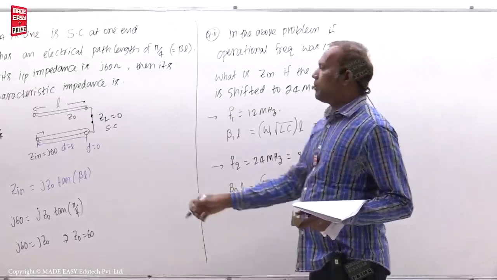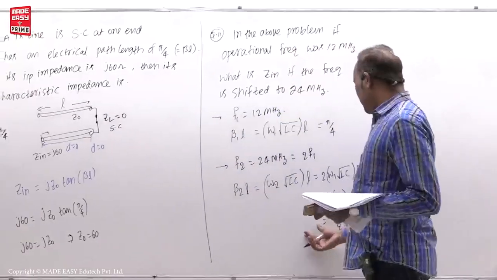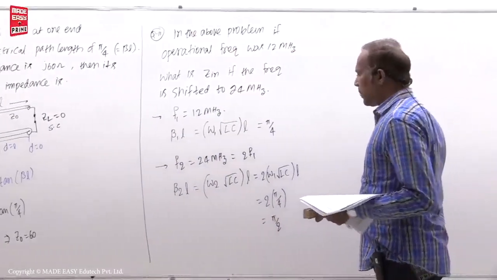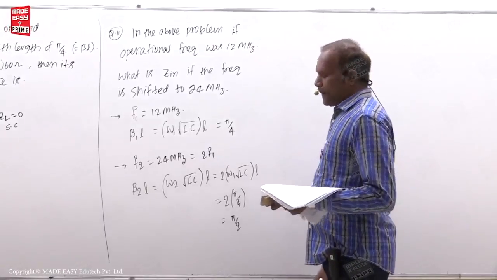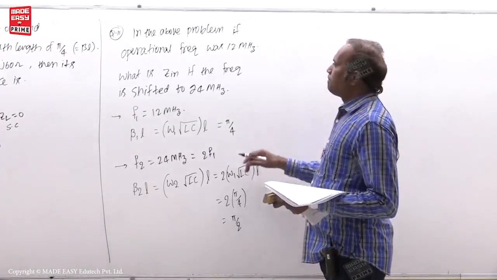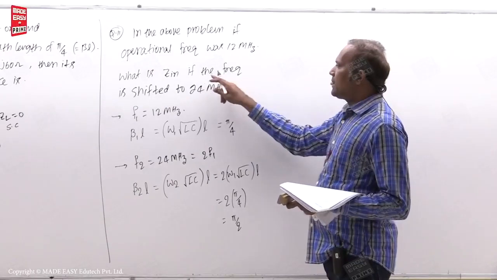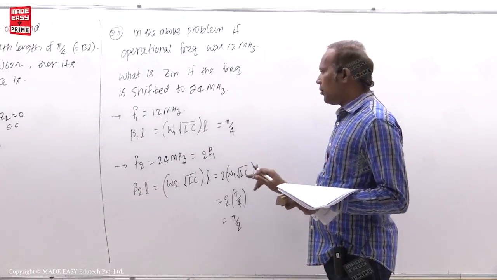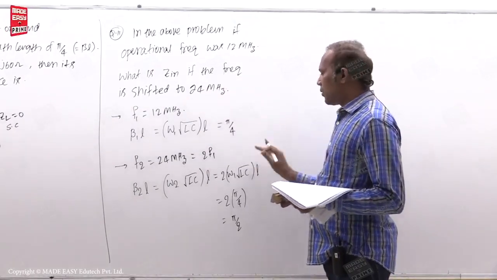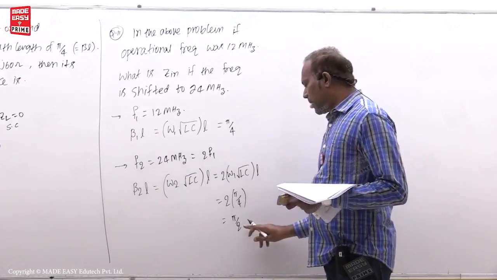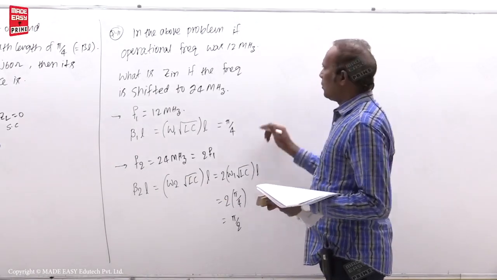That means in the previous question βL was π/4. Now in this question βL has become π/2. So now what is the question? What is Zin if the frequency is shifted to 24? Then β2 L becomes π/2.